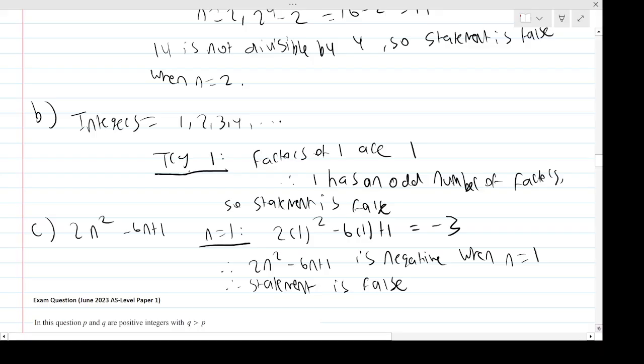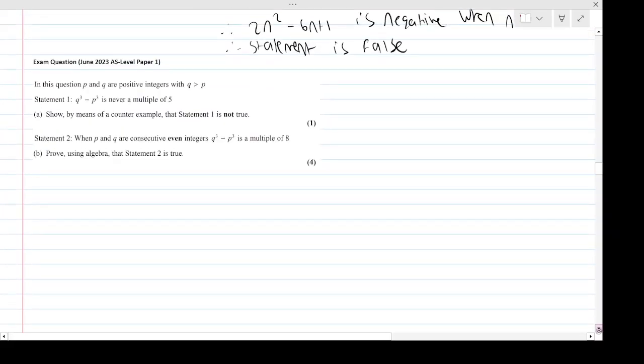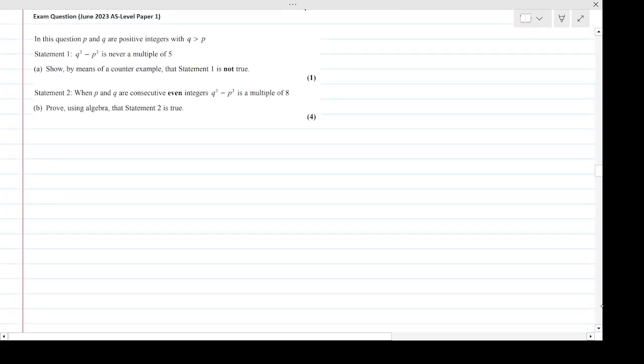There we are. Let's have a look at this question then. In this question, P and Q are positive integers with Q greater than P. So we have to bear that in mind. Statement 1: Q cubed minus P cubed is never a multiple of 5.